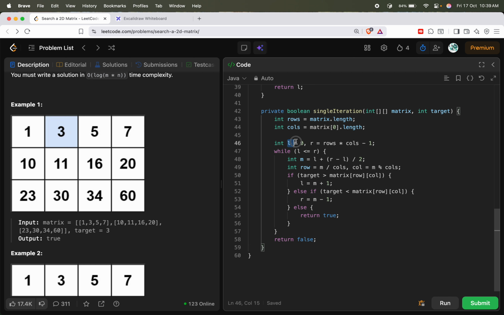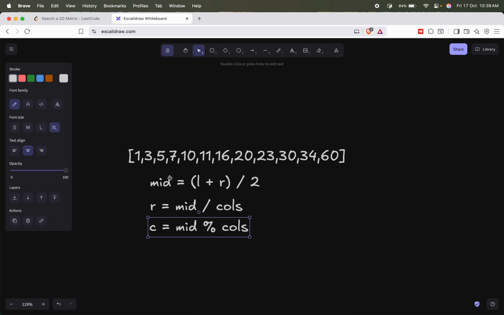I have defined left equal to 0 and right equal to the rows times the columns minus 1. That means the last element which we are looking at. As long as my left is less than or equal to right, I have to perform an action where mid is left plus right divided by 2. Then, as I mentioned, row would be the mid divided by columns.